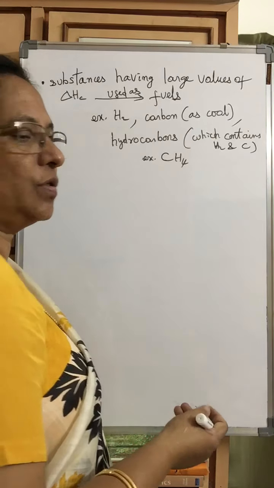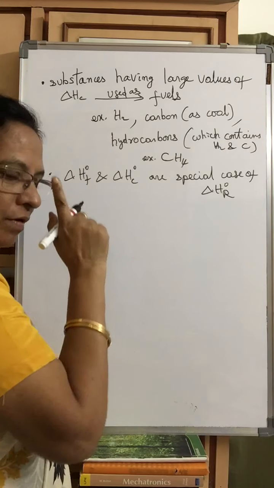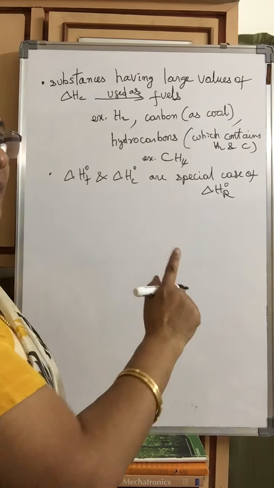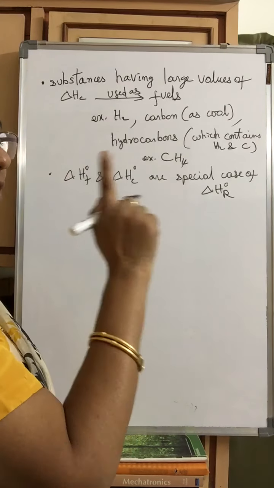In this case, on the product side only that compound will be present, only 1 mole of that compound. In that case we term it as delta HF. For that reaction, it is nothing but heat of reaction only. And delta HC is also like that.